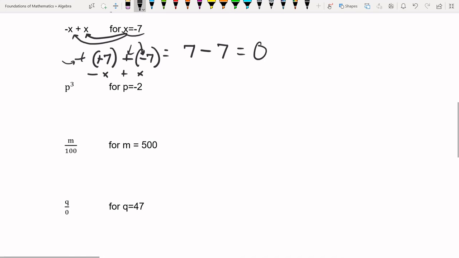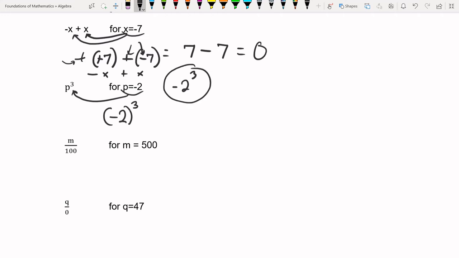For the next one, we have p cubed. Just plug in p equal to -2 right into here. In this case, it's very important that you write the -2 in parentheses, because what you're seeing here is that -2 is being cubed. If you didn't write parentheses, you would write -2 cubed, and this is saying 2 is being cubed, and you take the negative of it.